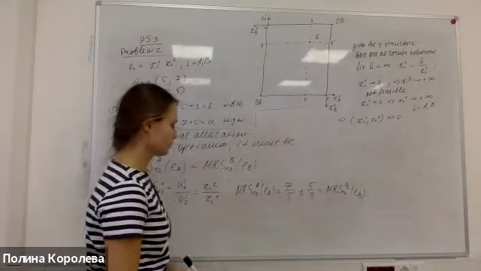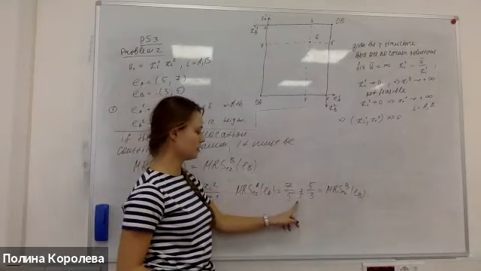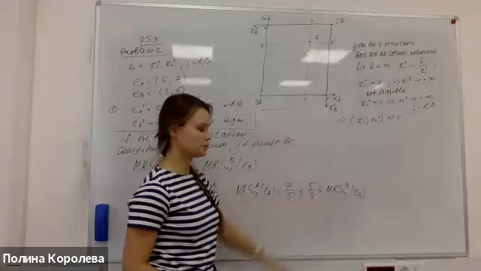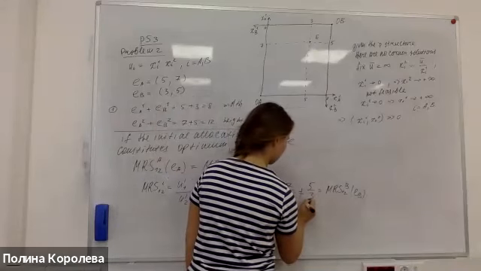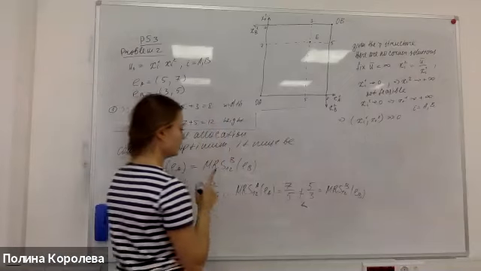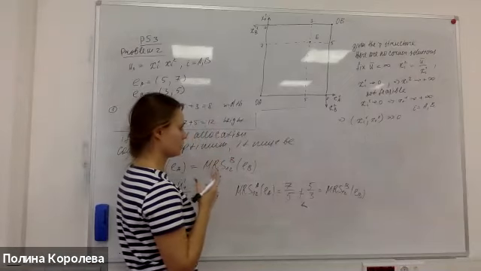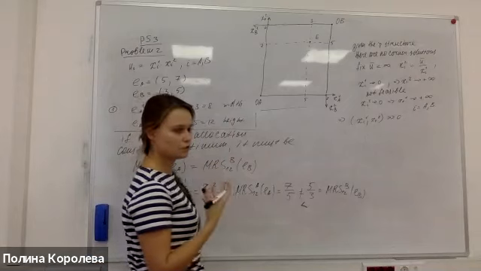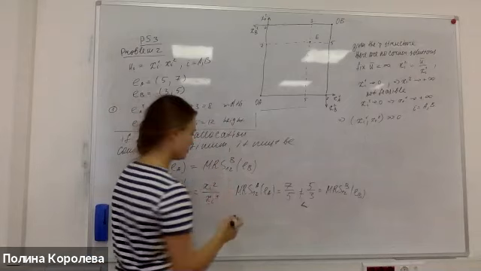And moreover, 7 divided by 5 is less than 5 divided by 3. So our first conclusion is that our endowment point is not efficient, so we will have gains from trade.